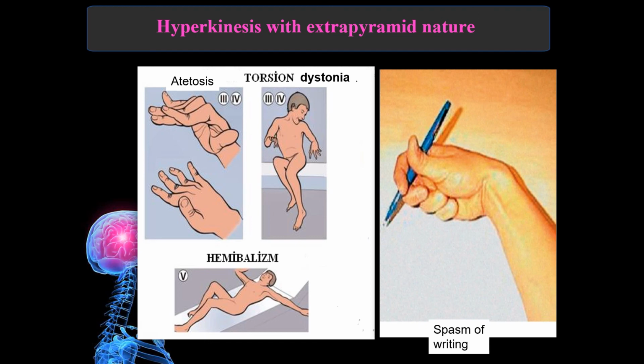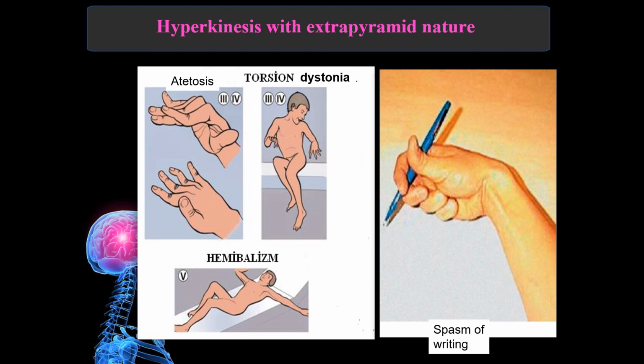Torsion dystonia: slow, tonic, mainly circular movements in the cervical and lumbar part of the body. Then hemiballism, large movements of limbs, mainly large movements of the hands, similar to the movements when throwing a ball. Tremor: involuntary, rhythmic, regular trembling of the head, lower jaw, the tongue, the trunk, limbs, or the distal parts of the body.